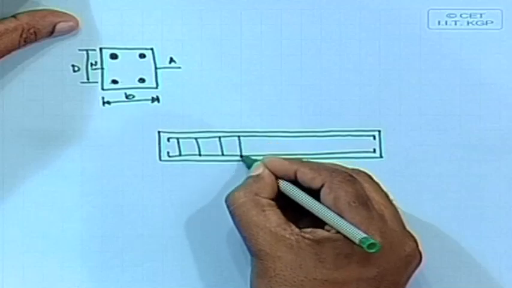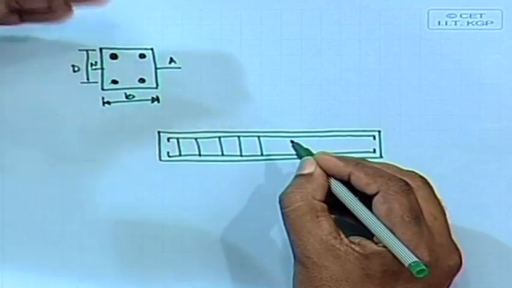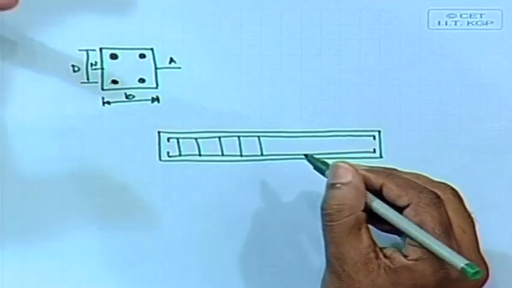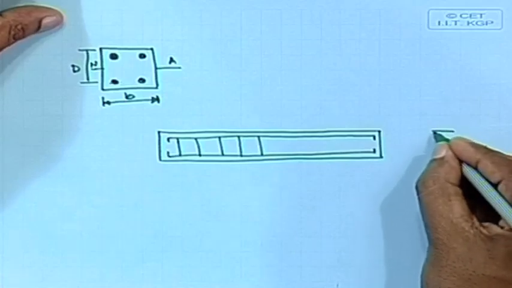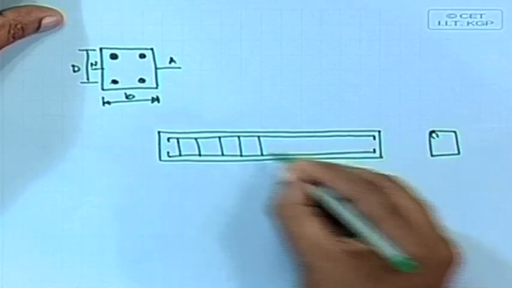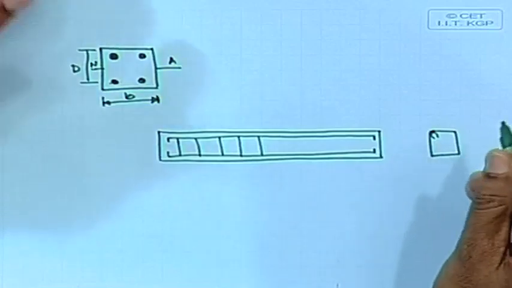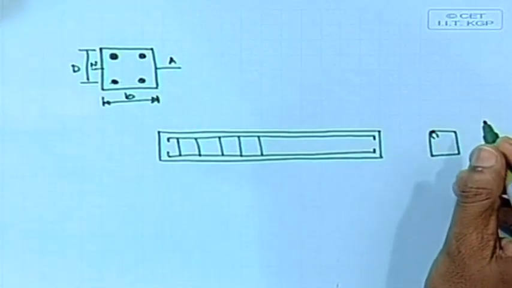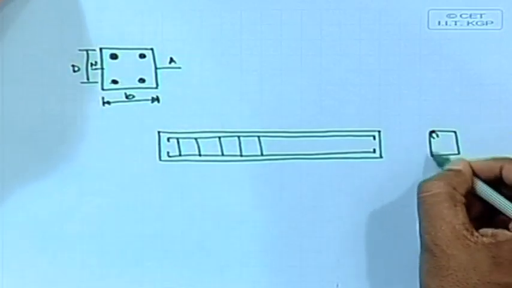The stirrups go like this, and they will resist shear. Each stirrup looks like that. When we design for shear, that time we shall consider these stirrups.